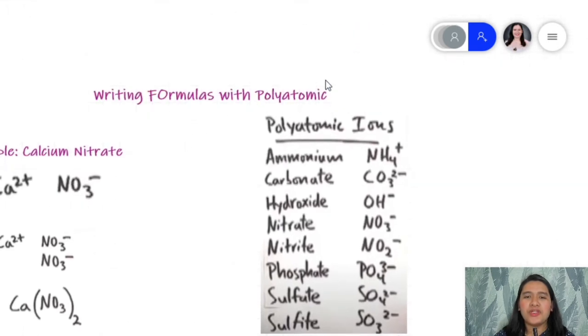Another way to write ionic compounds is when it is combined with a polyatomic ion. A while ago, I mentioned that polyatomic ions are the ions that we cannot see using the periodic table of elements. So here is an example.